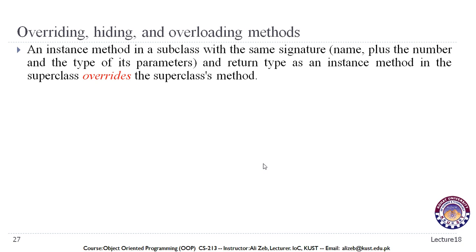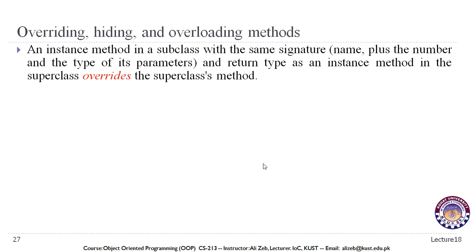Now, to understand the difference between overriding, hiding, and overloading methods: an instance method in a subclass with the same signature, name plus the number and the type of its parameters, and return type as an instance method in the superclass overrides the superclass's method.